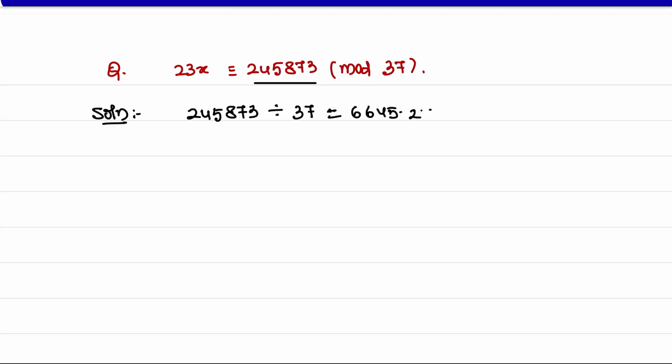Now, it has one integer value 6645 and some remainder. Then can we write 245873 is equal to 37 into 6645 plus some remainder x? Can we write like this?